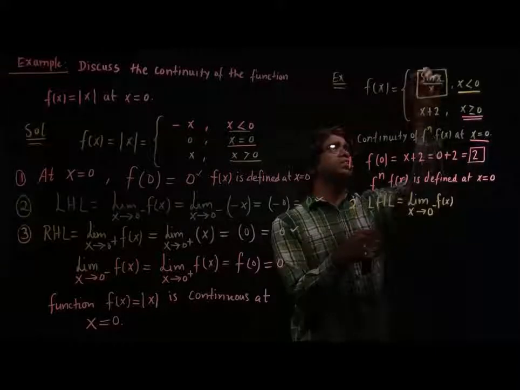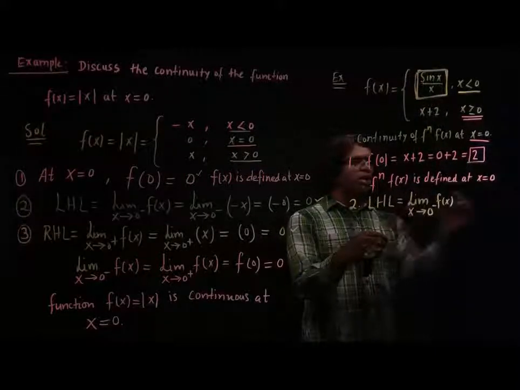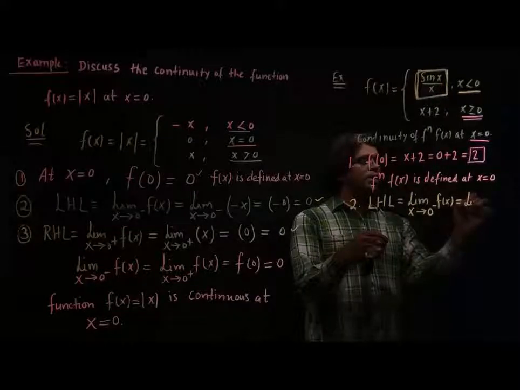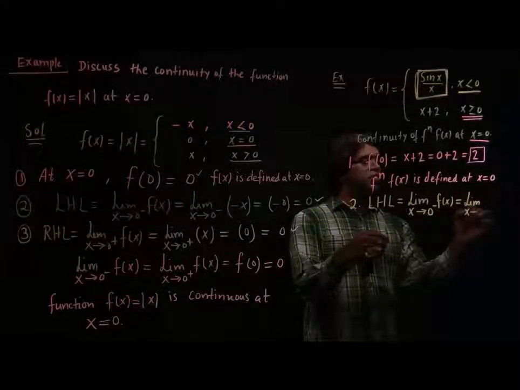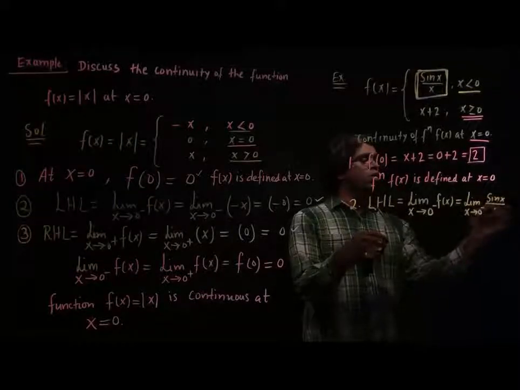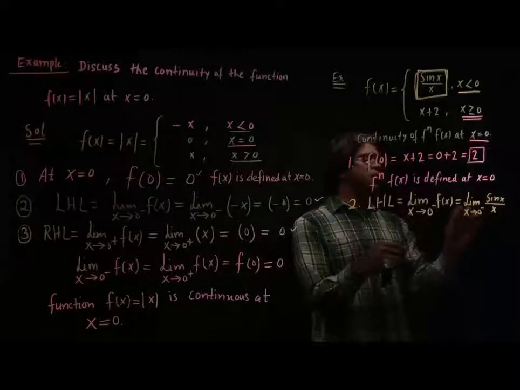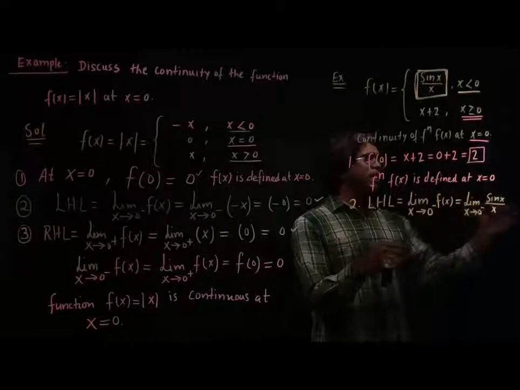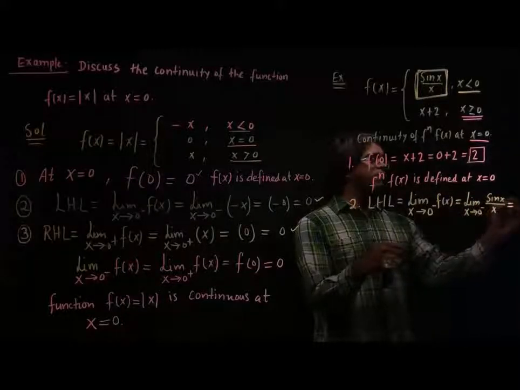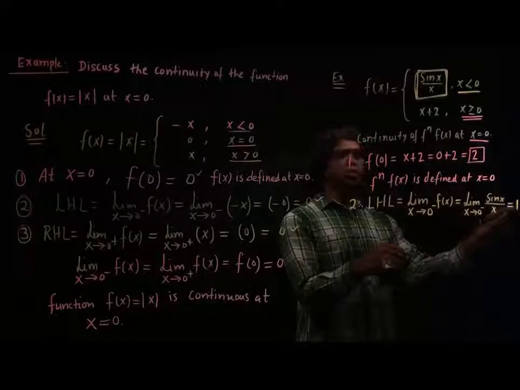So this is equal to limit x tends to 0 minus sin x over x. Let's simplify further, and we know that the limit of sin x over x is 1. So my left hand limit is equal to 1.